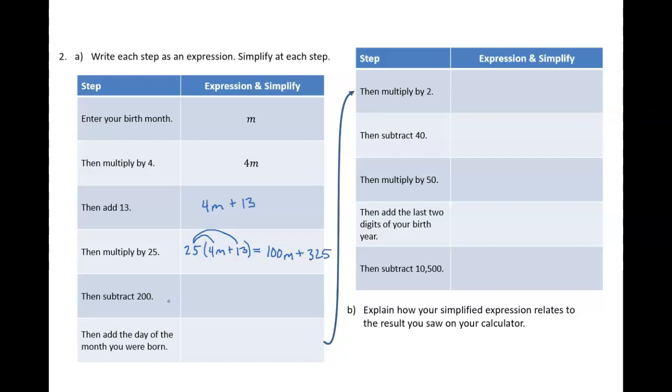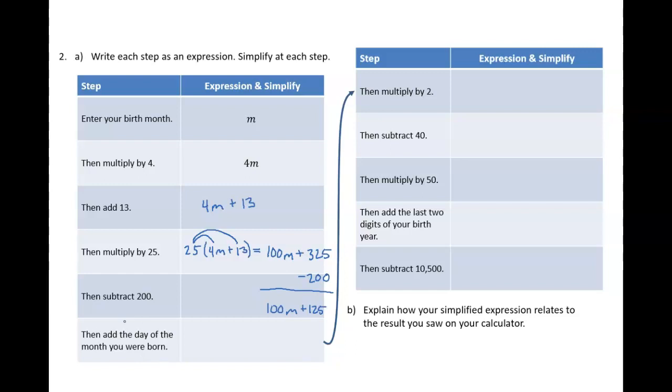Okay, next step is to subtract 200. So I'm going to do that right here so we can combine these like terms and just add straight down. We get 100m plus 125. 325 minus 200 is 125.